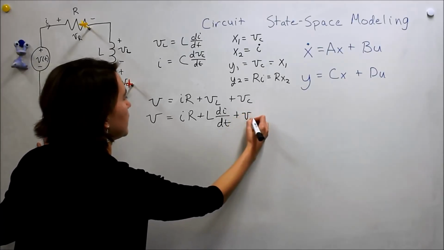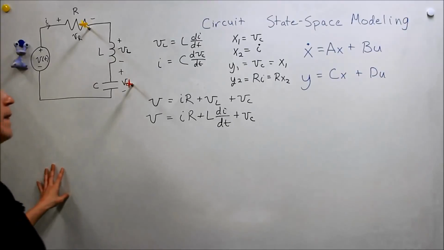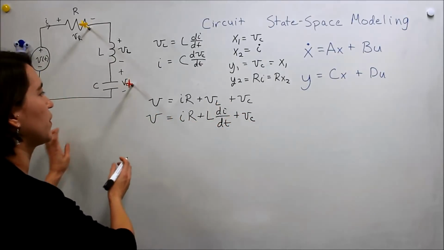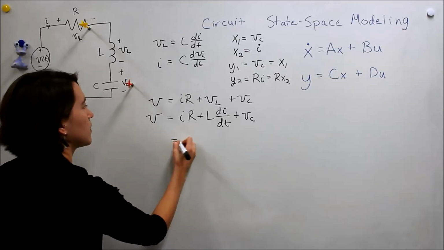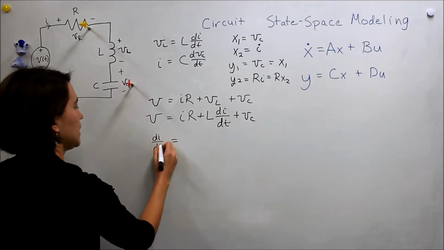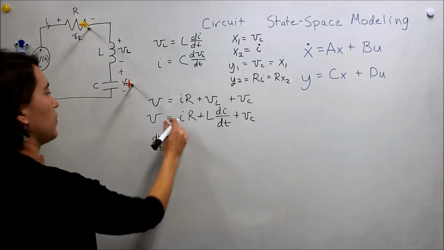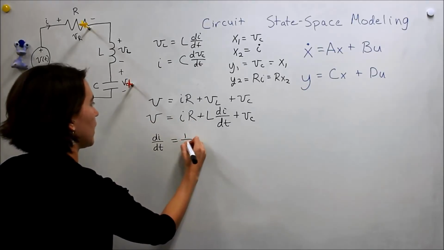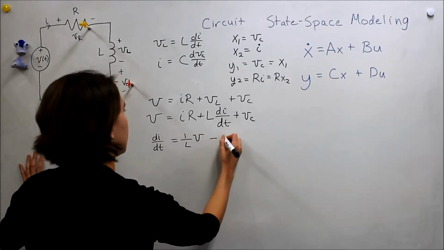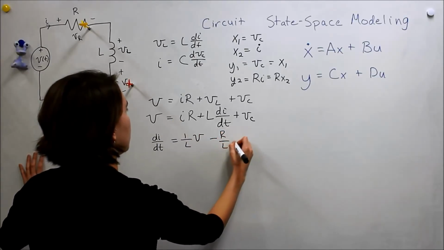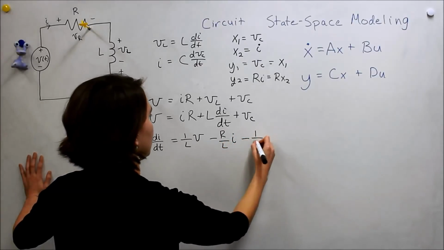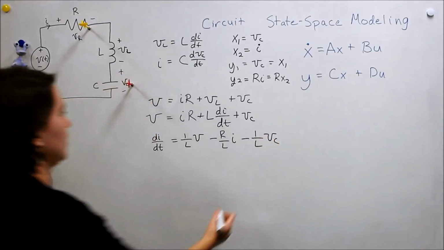plus VC. Now we want to get di dt all alone, so let's move things around and then divide. So I'm going to move this over here, and we will get di dt equals 1 over L V minus R over L I minus 1 over L VC.